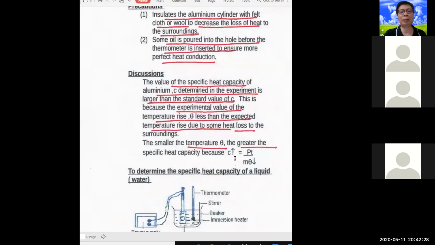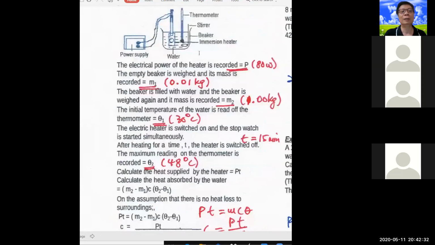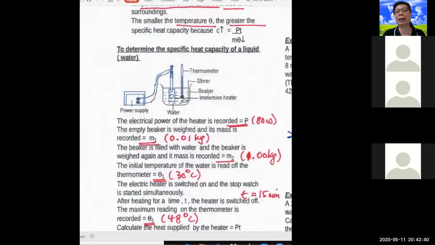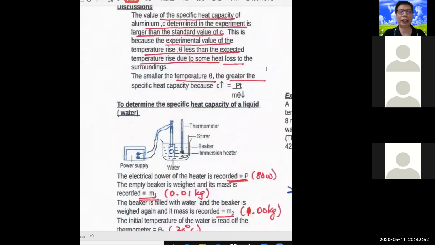Another experiment you have gone through is to determine the specific heat capacity of liquid water. You also do the same thing, the same calculation. I don't want to repeat. After this, we discussed a few examples of phenomena involving specific heat capacity.